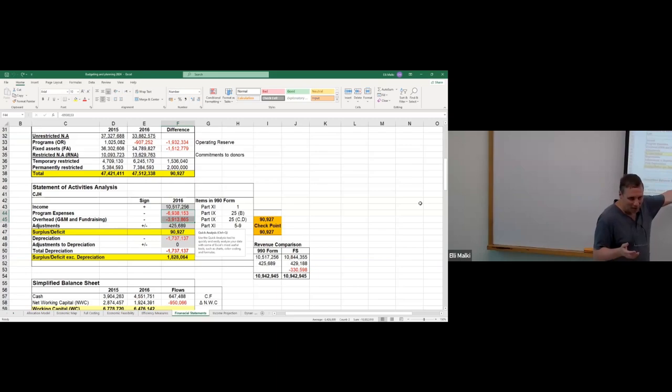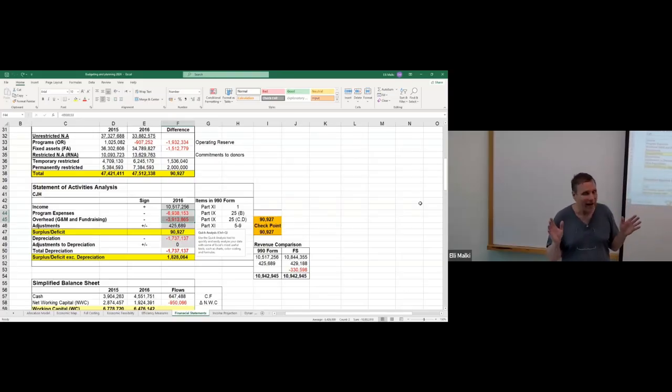So the surplus is much larger. So we have to reduce the expenses from 10.8. We have to reduce it by 1.8 more or less. So actually our expenses were not 10.8, but more or less in the 9 million.